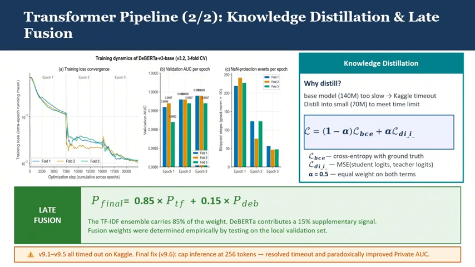Final late fusion: 85% TF-IDF, 15% DeBERTa. The classical pipeline dominates. Despite V9.1 to 9.5 all timing out, V9.6 with 256 token inference kept resolved it and paradoxically improved the private AUC.